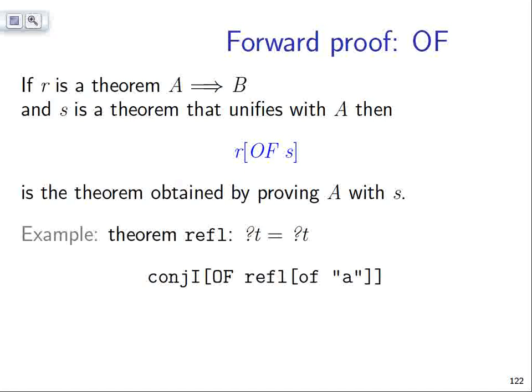And that's what we're doing. The premise is completely open, so we're giving it a very specific instance, and we're saying, please unify these two, and as a result, I get this one, but instantiated with A equals A. So this is how we got there.